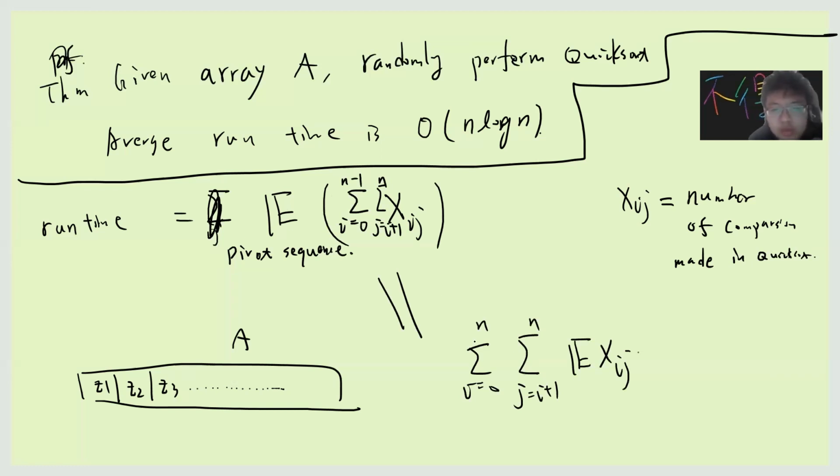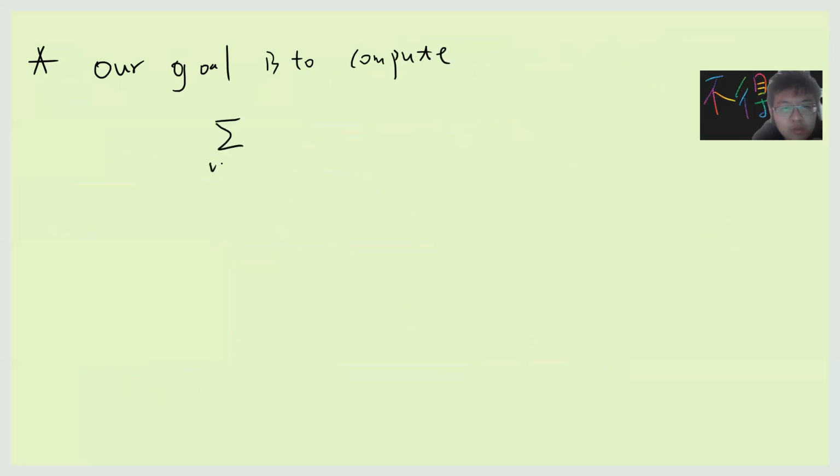So this is the runtime we need to compute. Let me write down the result. Our goal is to compute the summation i from 0 to n minus 1, j from i plus 1 to n, of the expectation value of X_ij.